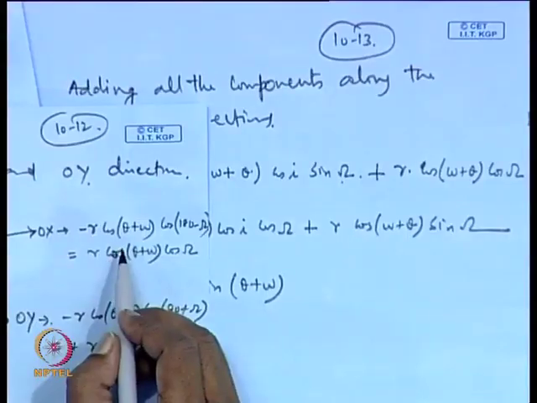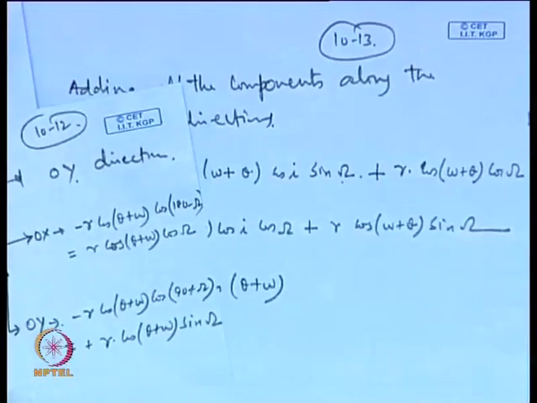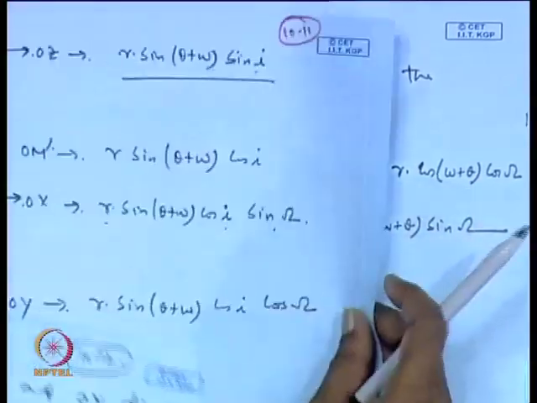So, here this is O x is cos O n prime O m prime.